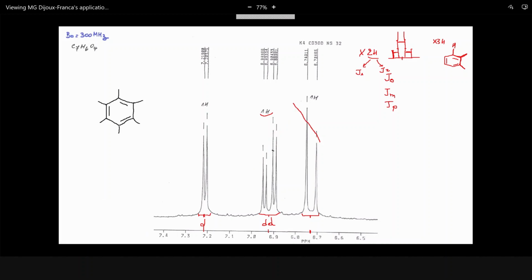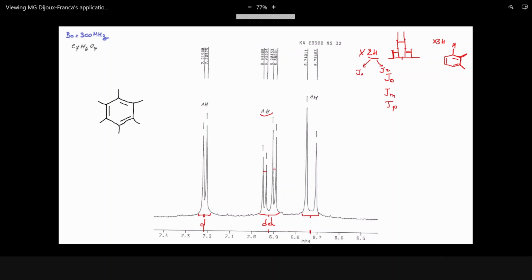But what is important to keep in mind is that as soon as you cannot see all the characteristics of a quartet like that, then it's not a quartet, but a double doublet. You see, I have one coupling constant here.